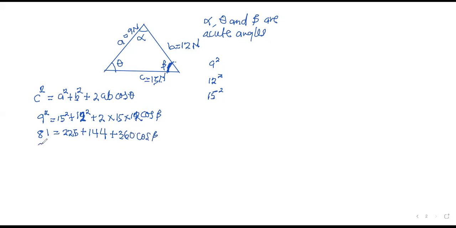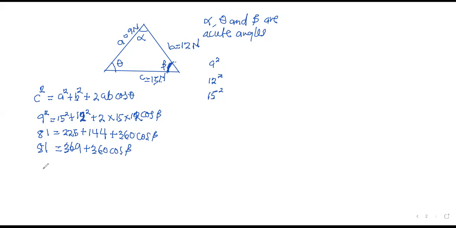So 81 is equal to, let's sum up 225 and 144, 369, plus 360 cos of beta.